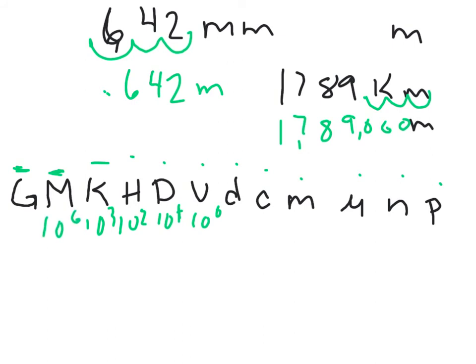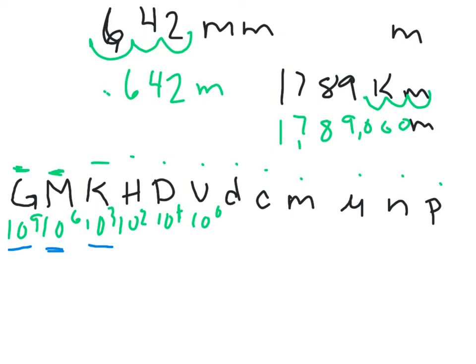So there's 3 spots actually in between there. And then 9, or another 3 between mega and giga. Okay, so when you get over into this area, you would move the decimal spot 3 spots between them, okay?